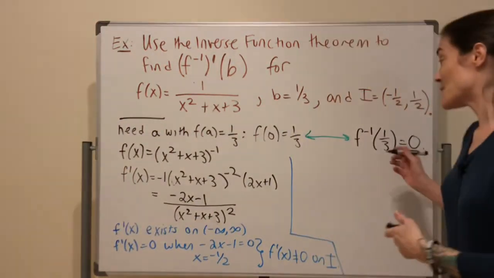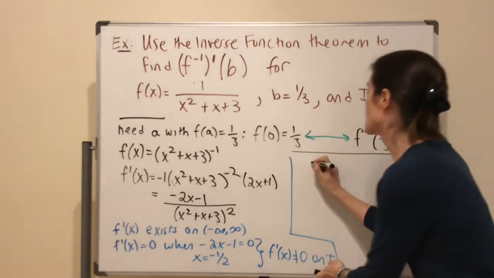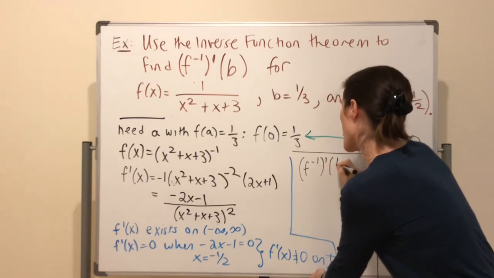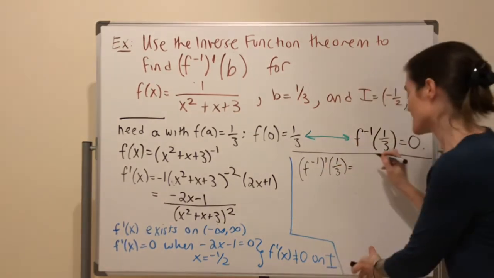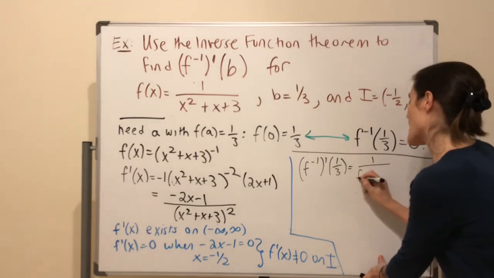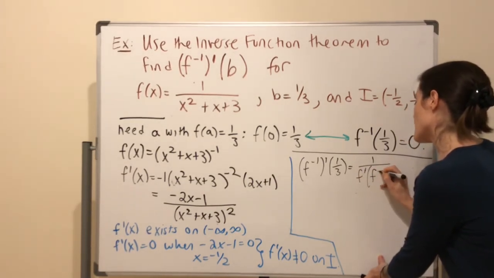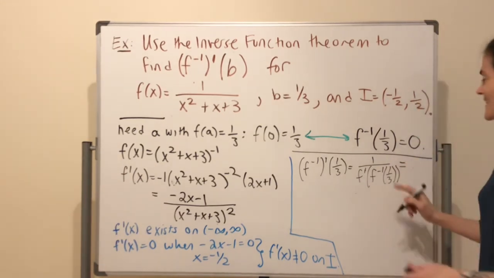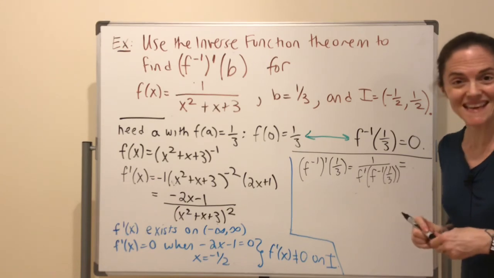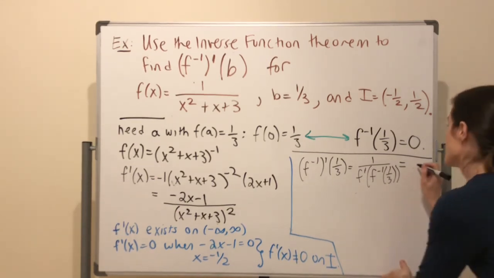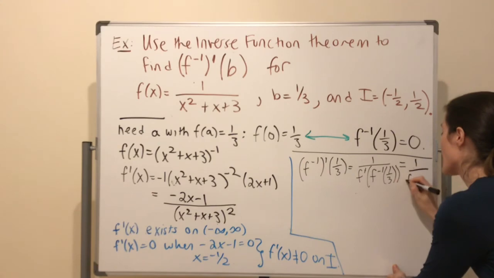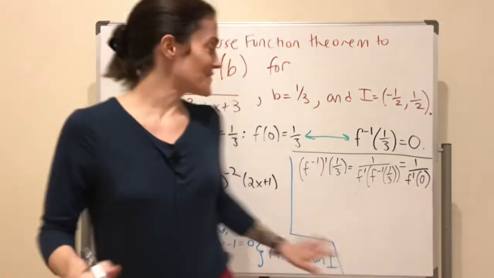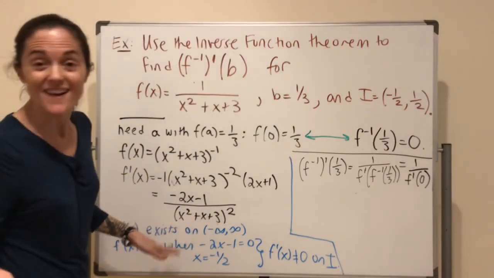Now let's compute f inverse prime at 1/3, which equals 1 over f prime of f inverse of 1/3. We see f inverse of 1/3 is 0. So this is 1 over f prime of 0. Now we have the derivative here, we just need to evaluate this at 0.